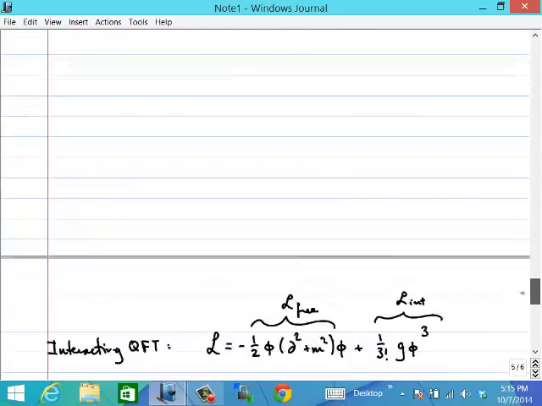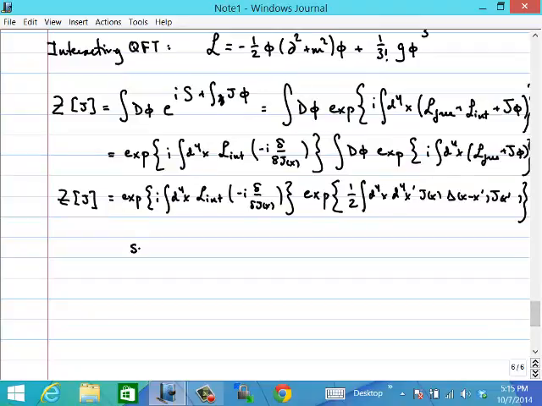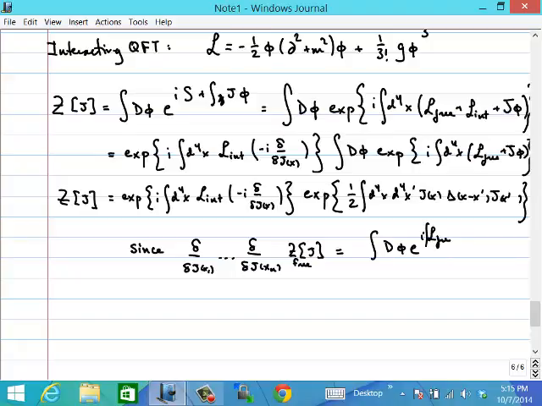So here, let me just write that out explicitly. Since if you take a bunch of derivatives of the generating function of the free theory, you just get the integral d phi of e to the I times the integral of L free plus this interaction term, sorry.